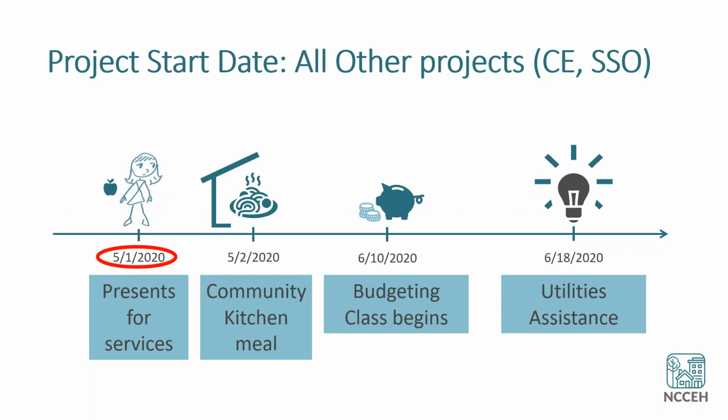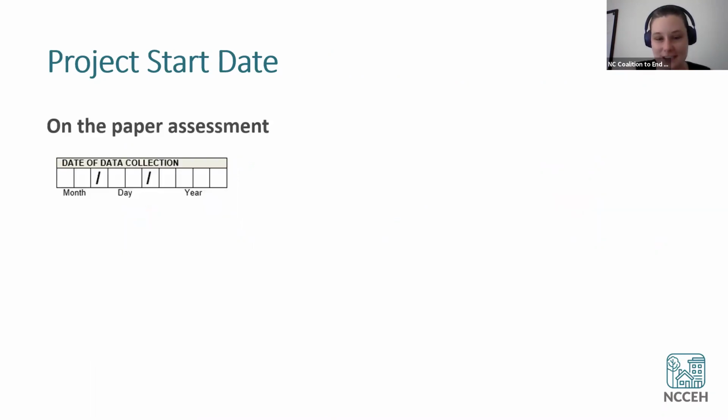So I'm not sure how that specifically is measured. Yeah, there's not going to be a way to distinguish the project start date from the date of collection. So I wouldn't ask you to write that down, because there's been no corresponding way to enter that into HMIS. Apologies for the mislabeling. Appreciate you pointing that out. We'll fix that. And remember what we've talked about for project start date.